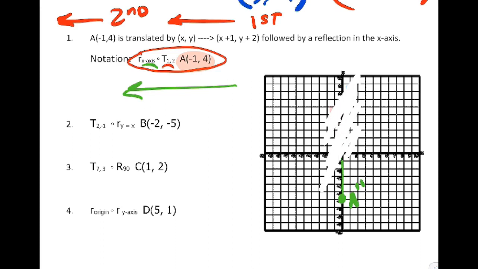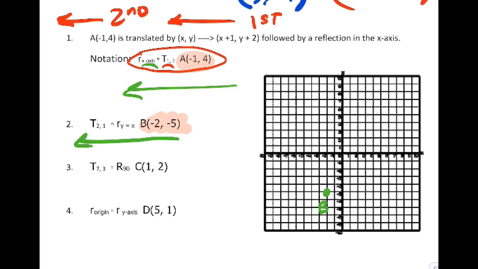You can use the same piece of graph paper, or you could flip back. We didn't use some graphs in the translation section, so if you got messy, you could go back to those pages and use them. But I'm going to start fresh here with -2, -5, which is right here, and that is point B. Then it says the first step, working this way, is to reflect over y equals x.